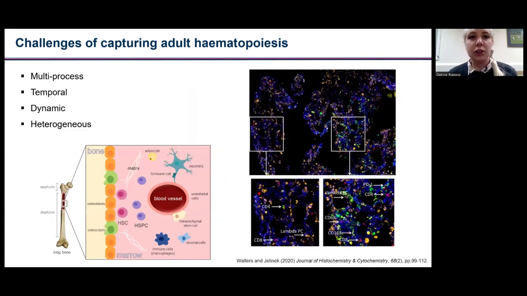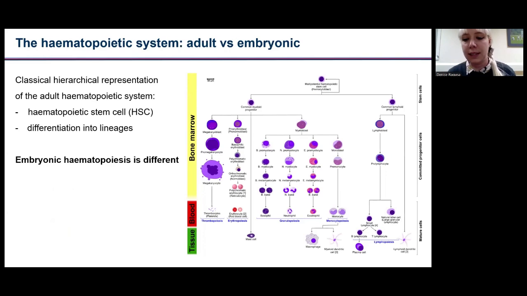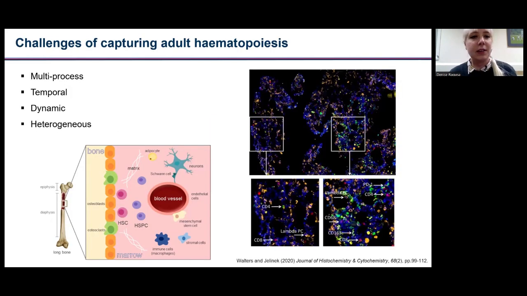So it has been challenging to understand adult hematopoiesis, which, as I showed you, is a very complex set of different cell types. More importantly, it is very dynamic and very heterogeneous. In fact, if we were to zoom into the bone marrow context, we don't only see hematopoietic cells, but also many other cell types that make up this microenvironment, including the surrounding bone tissue, the marrow itself, which is made from a variety of different matrices, and also non-hematopoietic cell types, such as endothelial cells, even some nervous system cells.